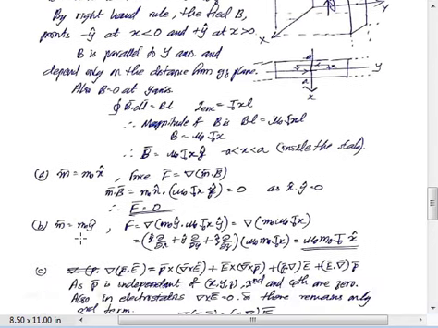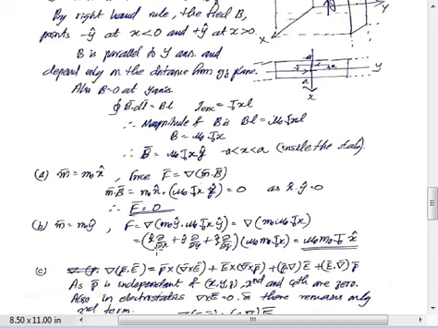Now in the second case, the dipole moment is along the y direction, m equal to m0 y cap. Therefore F is equal to del of m0 y cap dot mu0 j0 x into y cap. y cap dot y cap is 1, so we get del of mu0 j0 m0 x, that is equal to (dou by dou x, y cap dou by dou y, z cap dou by dou z) of mu0 m0 j0 x.